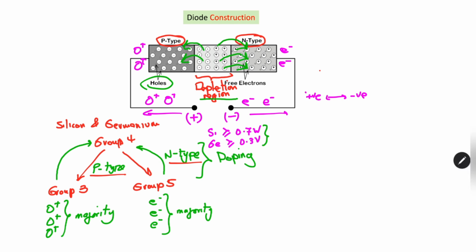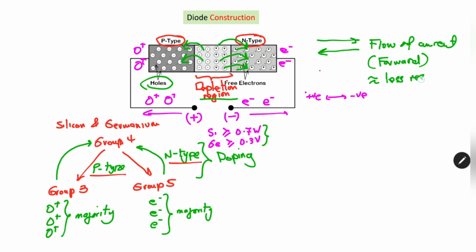So due to the interaction between the electrons flowing in this direction and the holes flowing in this direction, we know that there is a flow of current. When there is a flow of current, we know that the diode is now in the forward bias mode, which means it has less resistance, so the current can now easily pass through.